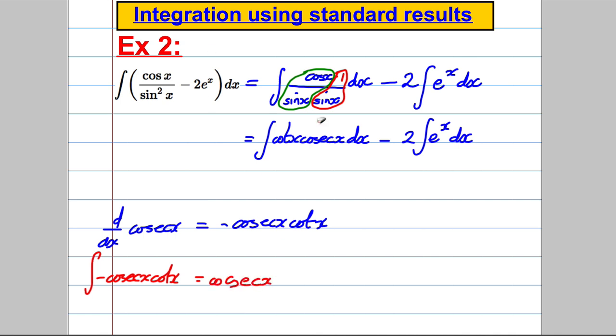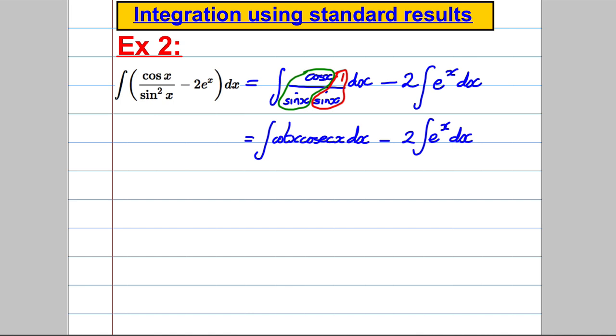What if we were just integrating positive? Well, our answer should be negative cosec x. So this is a standard result we should remember, and the answer to this is negative cosec x, and the integral of e to the power of x is e to the x. So we get subtract 2 e to the x.